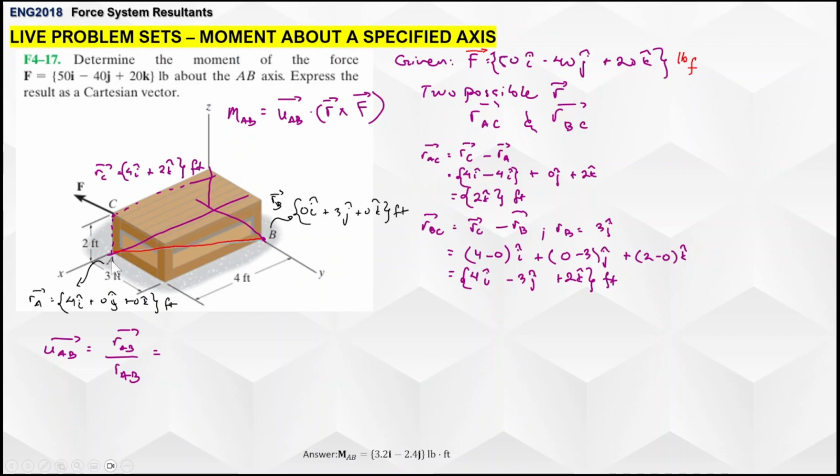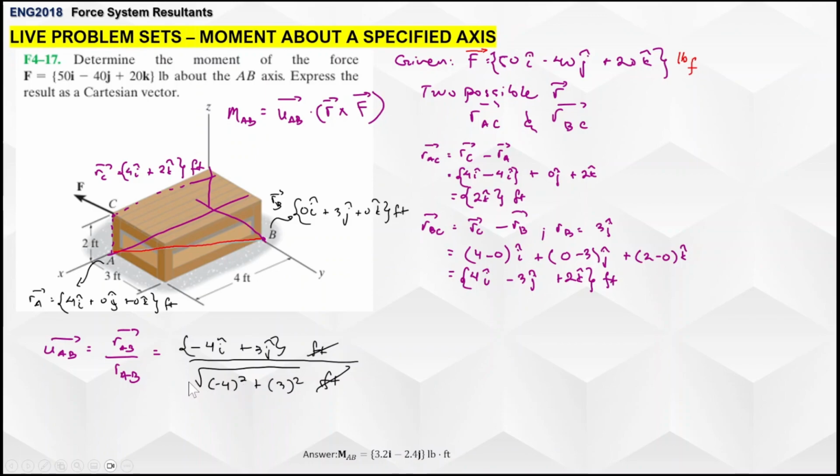We know coordinates of A, we know coordinates of B, so it's going to be RB minus RA. So that's going to be 0 minus 4, 3 minus 0, and then 0 minus 0, which will yield you negative 4i hat plus 3j hat and 0k hat. And you just get the sums and squares of those.